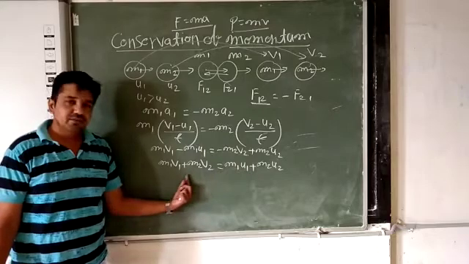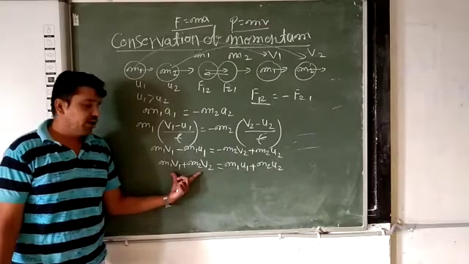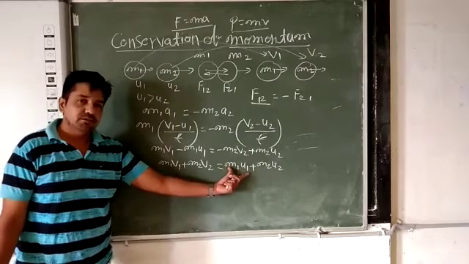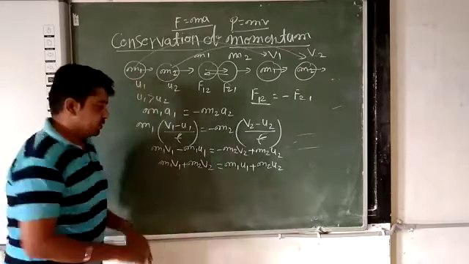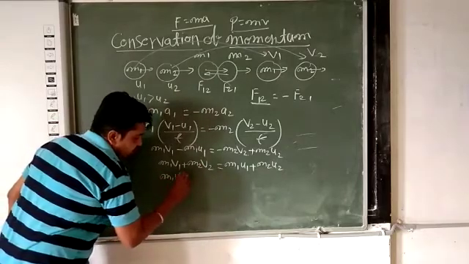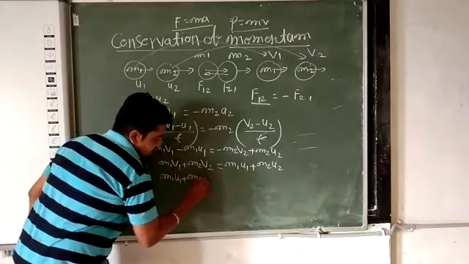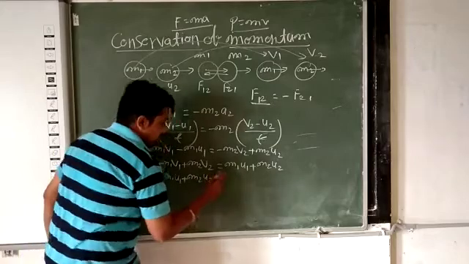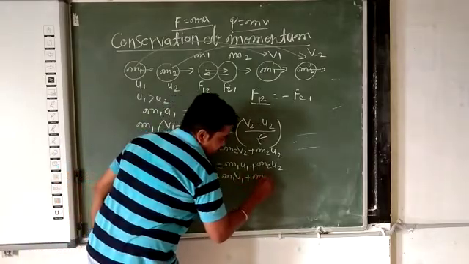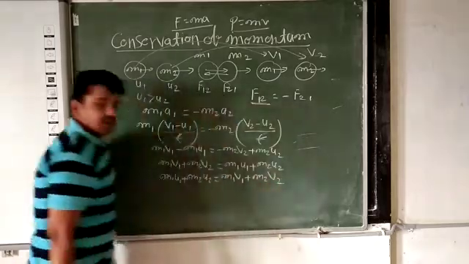So, category-wise, that is the final momentum after collision and the initial momentum before collision. So I arrange: m1 u1 plus m2 u2 is equal to m1 v1 plus m2 v2.